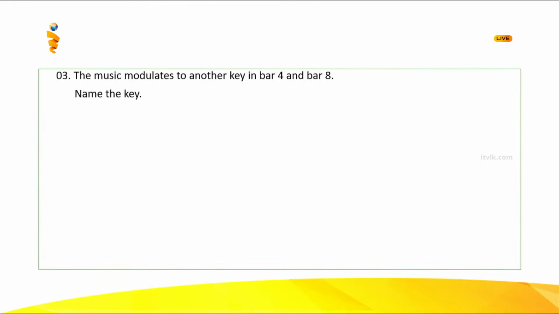The third one, the music modulates to another key in bar 4 and bar 8. Name the key. So what is modulation? Modulation is the change from one key to another key. When it is modulated, the key signature will be changed.